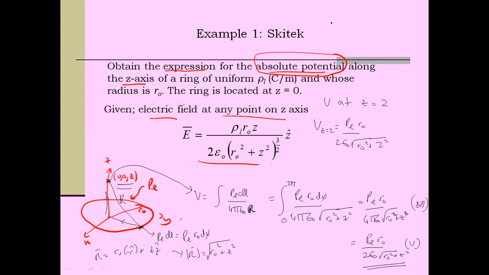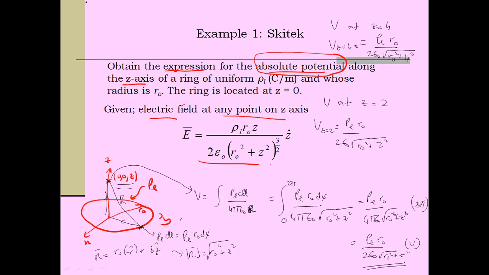And also if you want to find the potential at z equals 4, we're going to have the potential at z equals 4 equal to rho L R naught divided by 2 epsilon naught times the square root of R naught squared plus 4 squared.